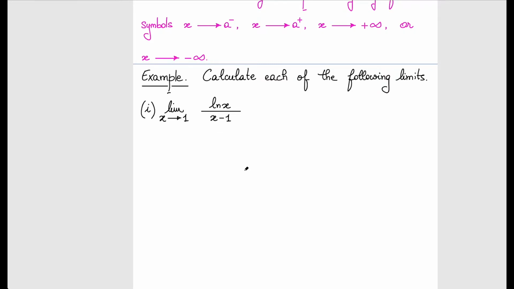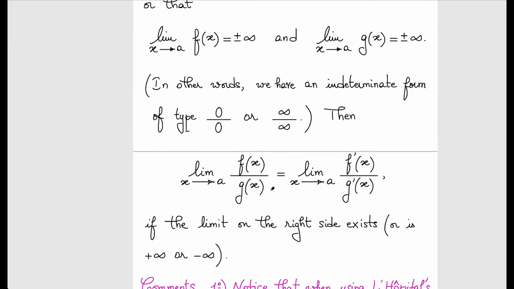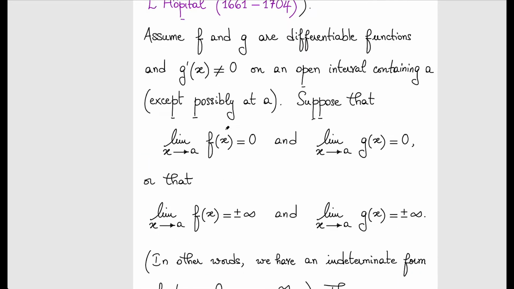And L'Hopital handles such a situation provided I verify the conditions, right? What are the conditions? I need the two functions to be differentiable, upstairs and downstairs, and the one downstairs to be different than 0. And I want these two highlighted conditions to happen on an open interval containing a.